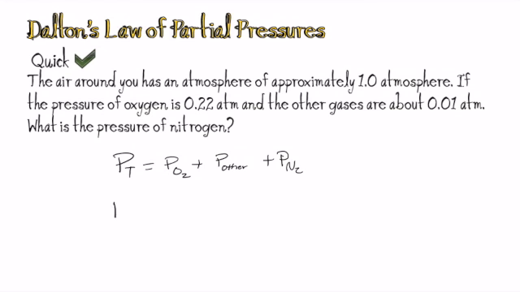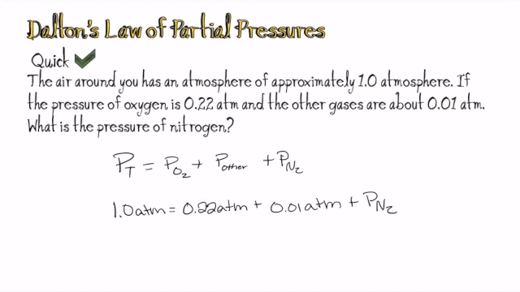So P total is 1 atmosphere. Oxygen is 0.22 atmospheres. Other gases are 0.01 atmosphere. And the pressure of nitrogen is what we're looking for.